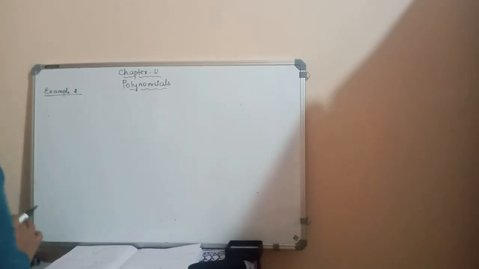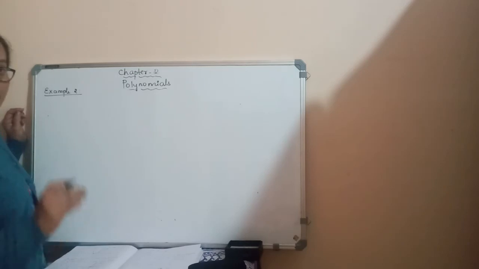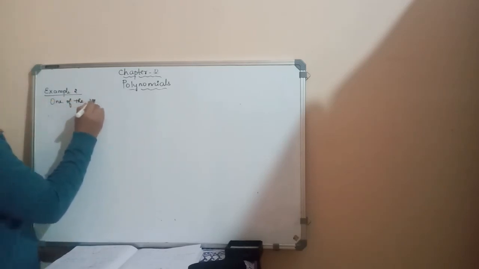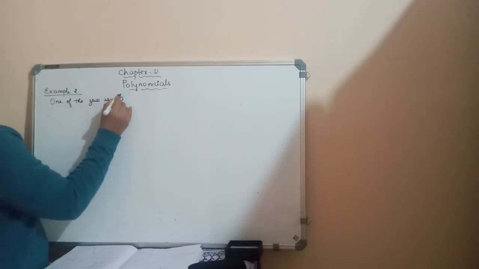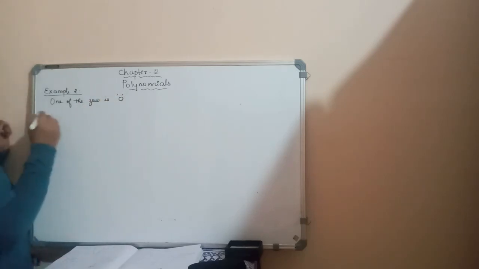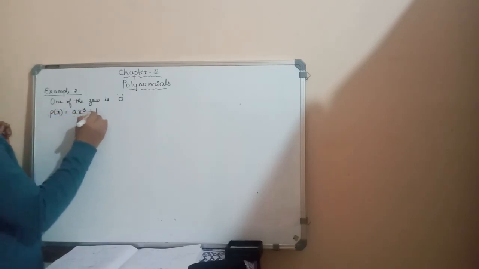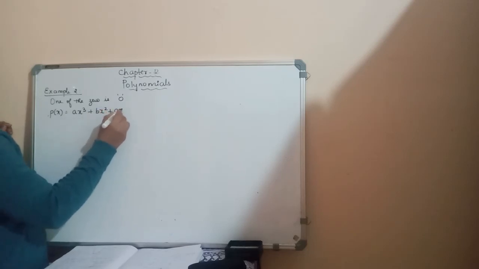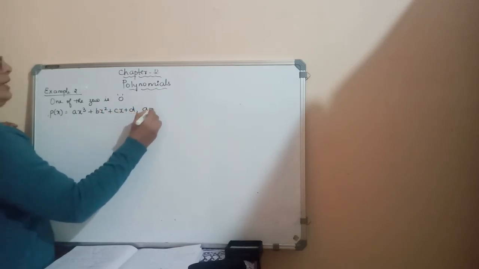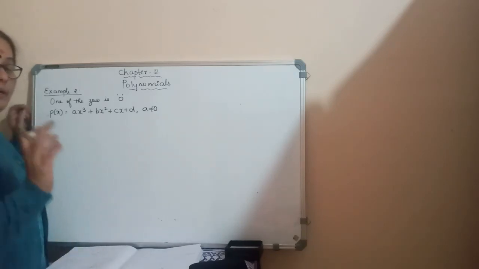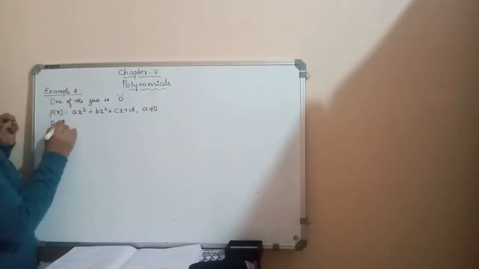Second example: if one zero of the polynomial is 0, and the polynomial is ax cube plus bx square plus cx plus d, where a is not equal to 0, then you have to find the product of the other two zeros.